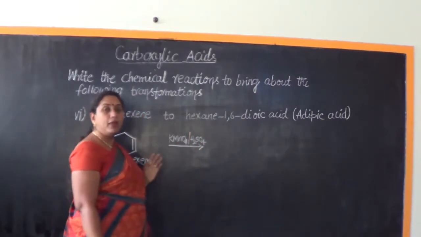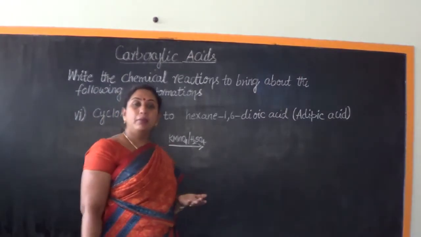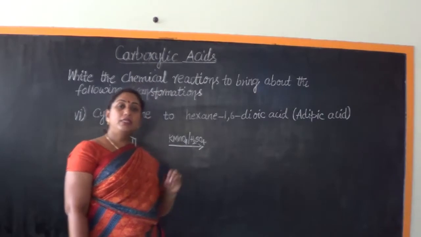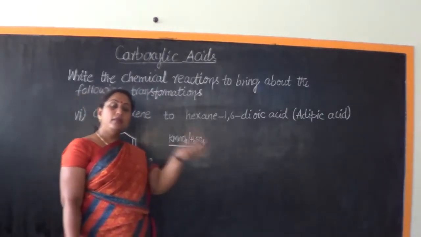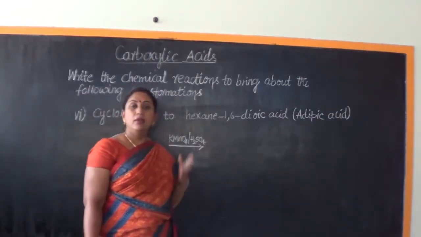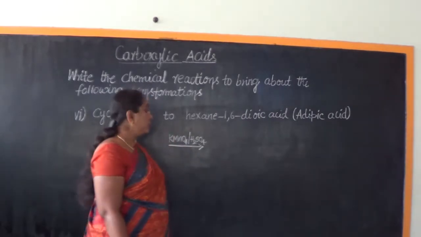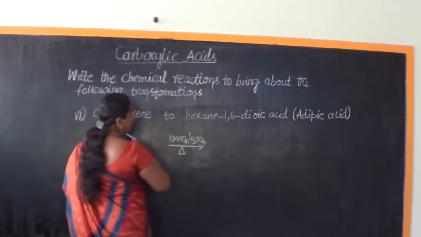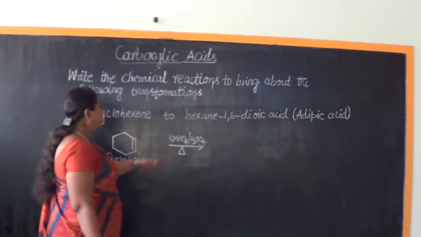Alkaline potassium permanganate or acidified potassium permanganate are all good oxidizing agents. Here we just want the release of nascent oxygen. We also need to bring about the process of ring opening, so we also need to heat.